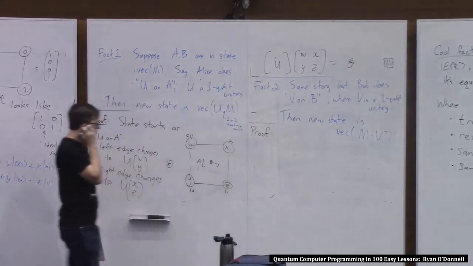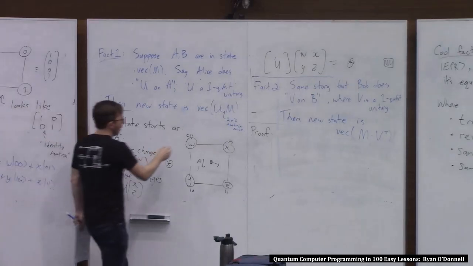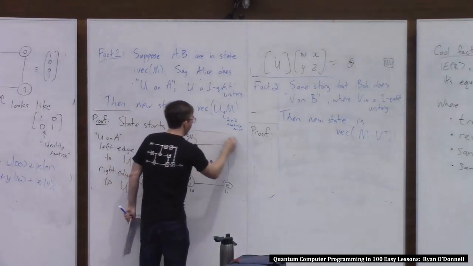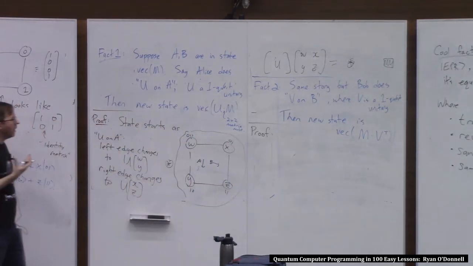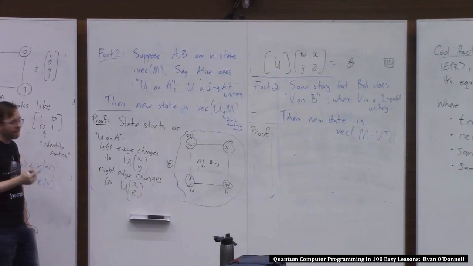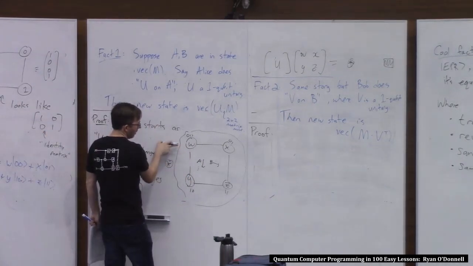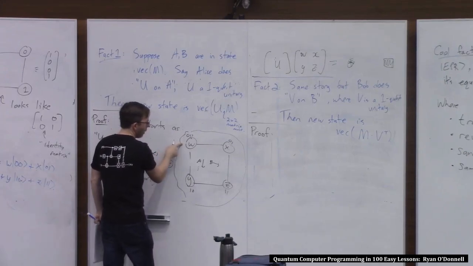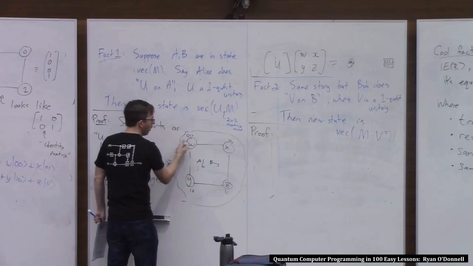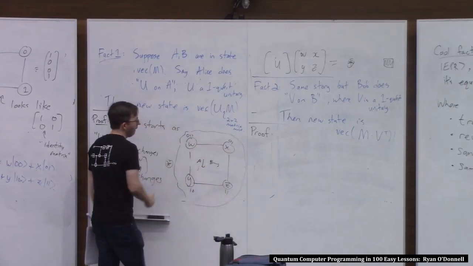But the way to see it is, if you start from this state, what happens from a quantum point of view when you do V on qubit B? Again, you pair up the qubit basic states according to the unchanging part A. So here's where A is 0, and we do V on this qubit. And here's where A is 1, and we do V on this qubit.